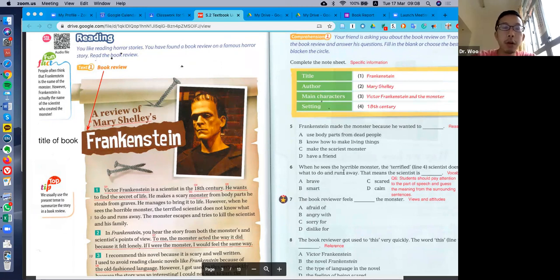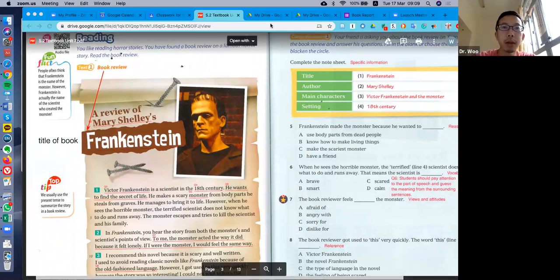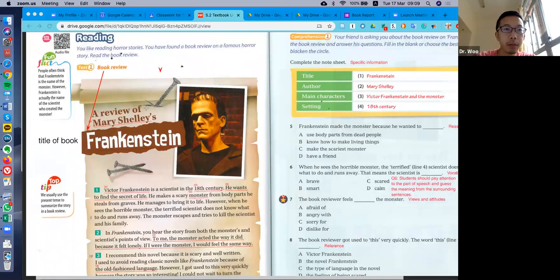So when we look for the author of a book, we should usually look for a name. So we have here Mary Shelley. We see the word review here. We see the title of the book here. And then we see author of the book.